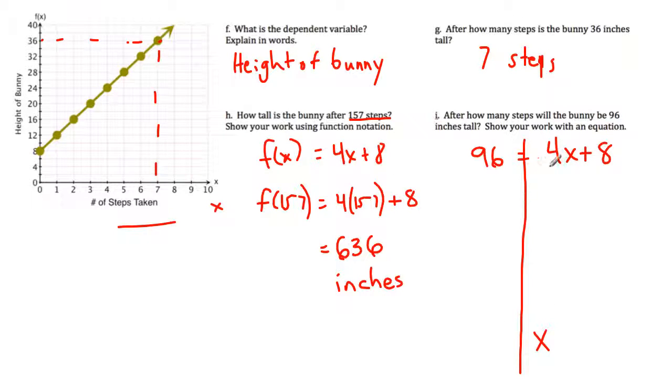First step, subtract 8 from both sides and simplify. We're left with 88 is equal to 4x. Divide by 4 on both sides.